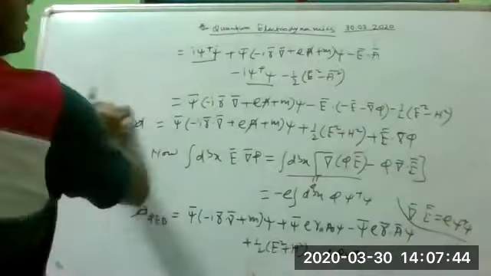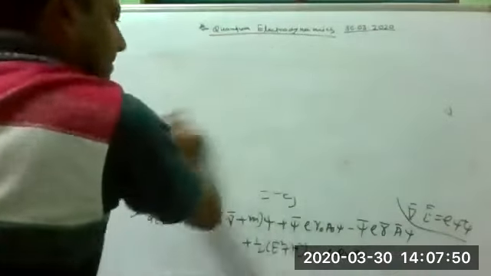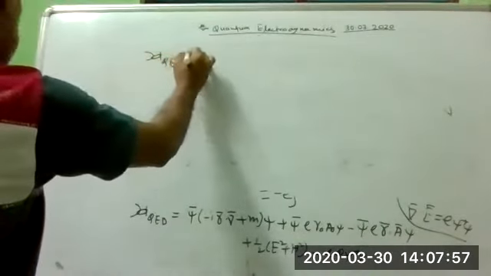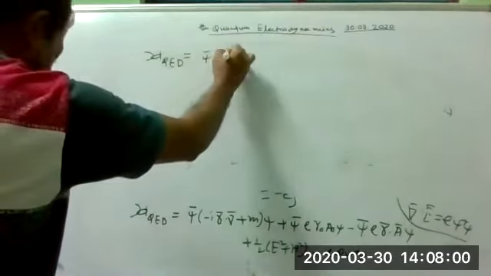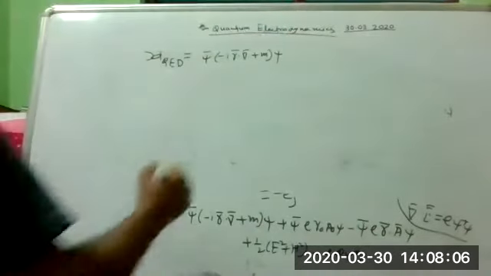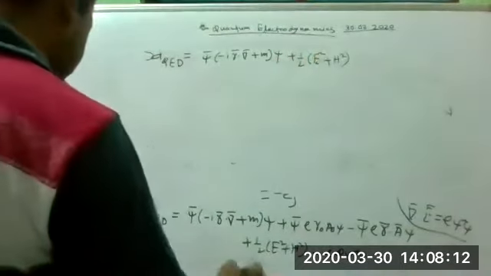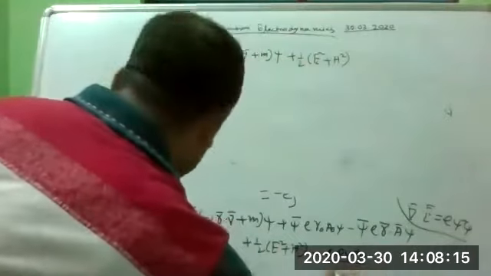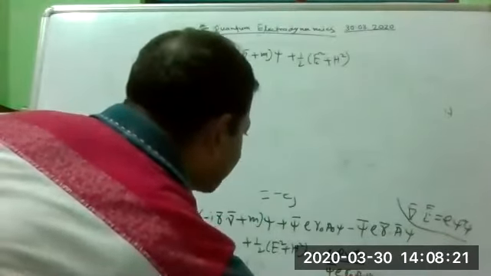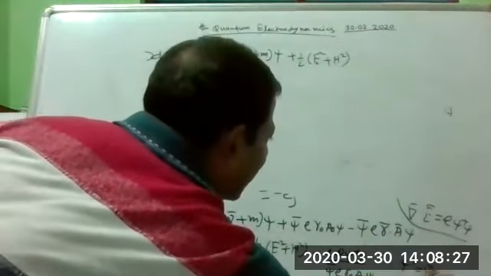Therefore H_QED can be written as psi bar of minus i gamma dot nabla plus m of psi plus half of E squared plus H squared, and this term can be written as psi bar e gamma 0 A0 of psi, since psi dagger equals psi bar gamma 0.